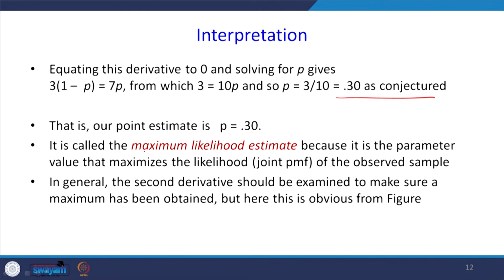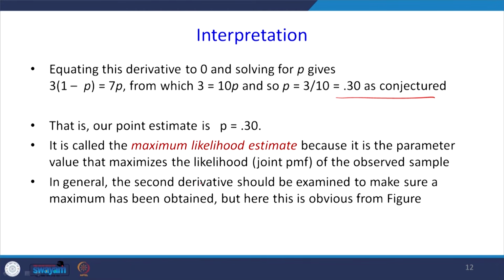It is called the maximum likelihood estimate, because it is the parameter value that maximizes the likelihood of the observed sample. So, this p equal to 0.3 is nothing but an estimate for the population.